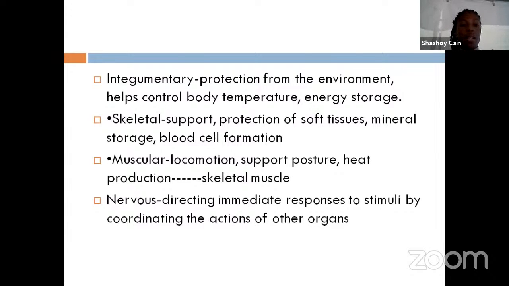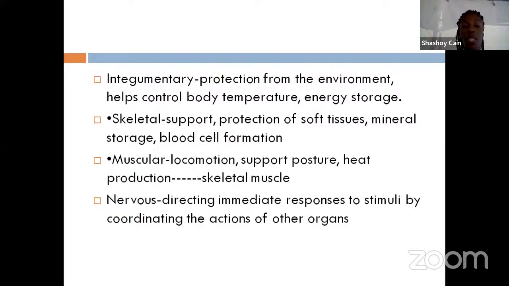Skeletal system, we know it supports protection of soft tissues, mineral storage, and blood cell formation. So all of this is included in the skeletal system, which is the bones and so forth, which is the basic form of the body. The muscular system deals with locomotion, support, posture, and heat production, and this is the skeletal muscles.